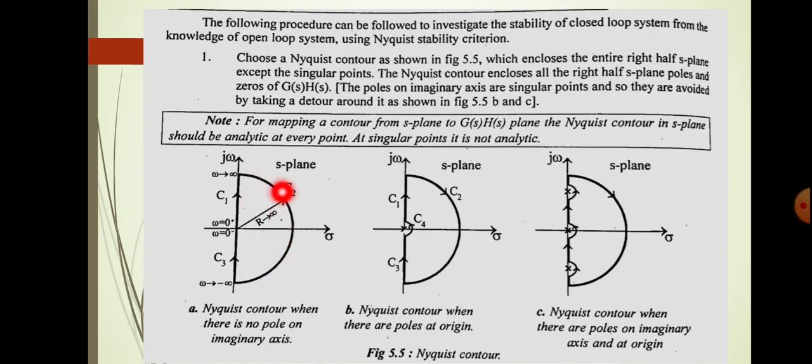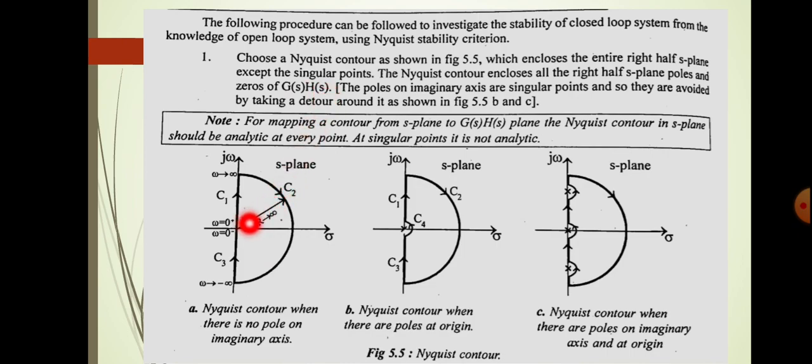That means it should cover all the right half poles and all the right half zeros of G(s) and H(s). G(s) and H(s) will be given in the question, so you should select a contour in this form such that it encloses all the zeros and poles of G(s) and H(s).